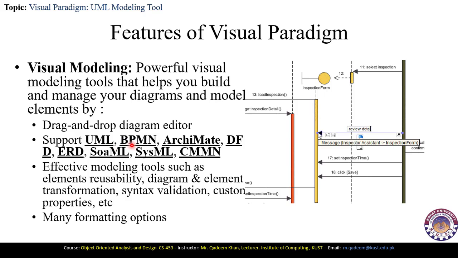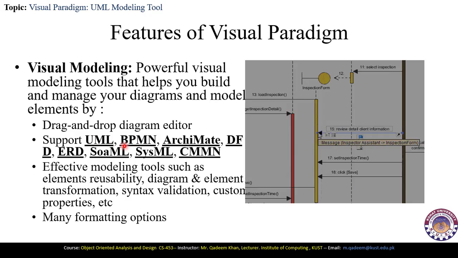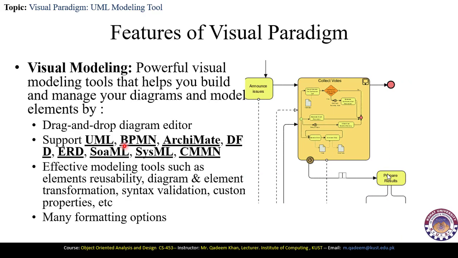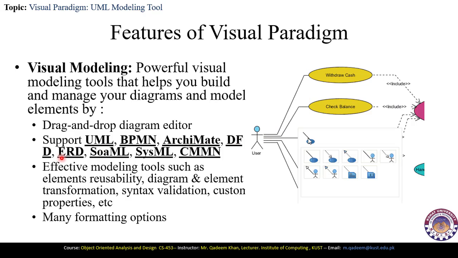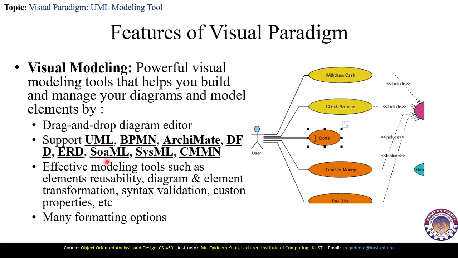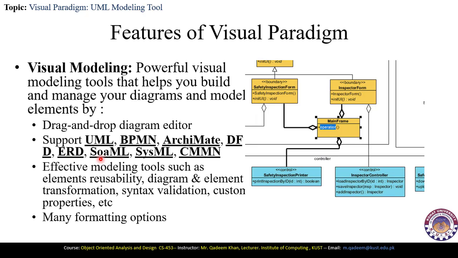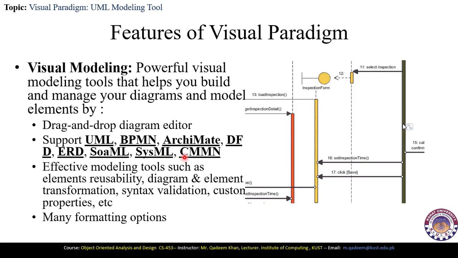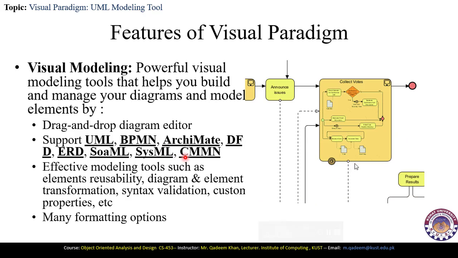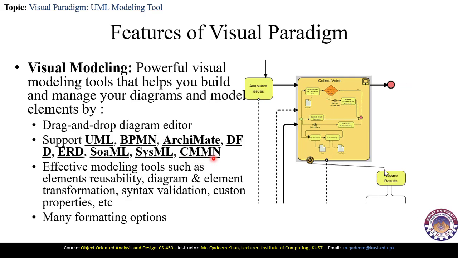Similarly, BPMN, this is Business Process Model and Notation. Similarly, ArchiMate and data flow diagrams. Similarly, entity relationship diagrams, service-oriented architecture modeling language, SysML, that is Systems Modeling Language, and CMMN, that is Case Management Model and Notation tools.